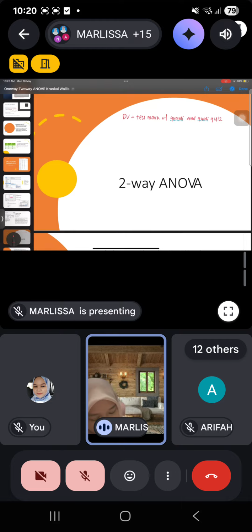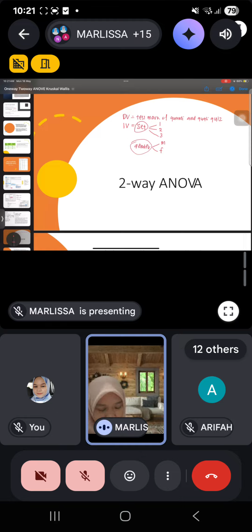And the IV just now, for ANOVA, I mentioned the IV is the set, right? So we have set 1, set 2, and set 3. And I want to add another IV, which is gender. So we have male and we have female. So in this case, we have two factors here, or two IVs.